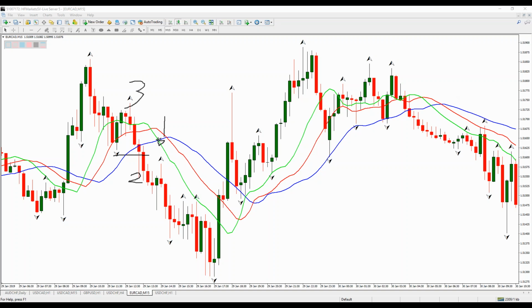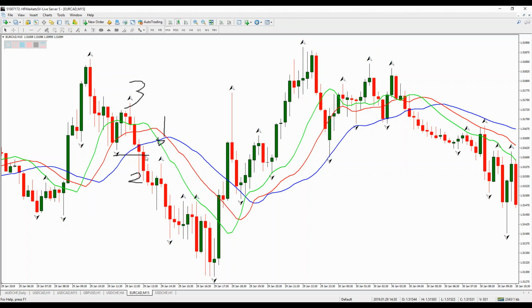Here is 1, right? 1 crossing, 2 break fractal, 3 your risk. Then try to see how much stop loss: about 20 pips. The price falls about 25 pips before it reverses back.